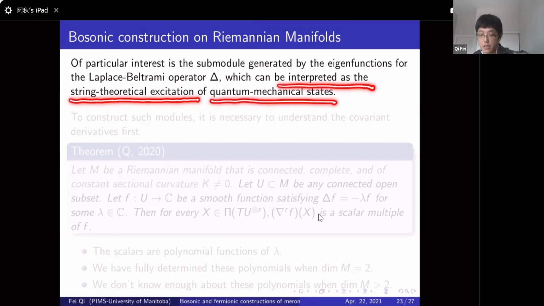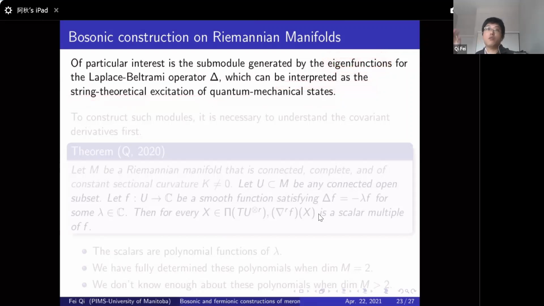Quantum mechanical states are given by these eigenfunctions. Then we let this meromorphic open string vertex algebra act on it. It will generate a lot of extra states, and those extra states can be understood as the string theoretical excitation in physics. That's basically what he asked, and that's why I have been working on this.